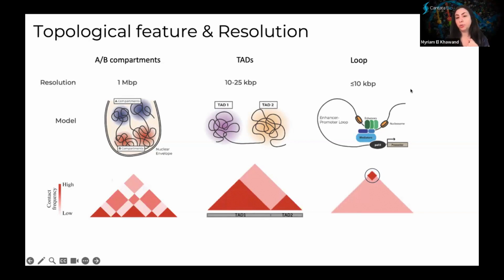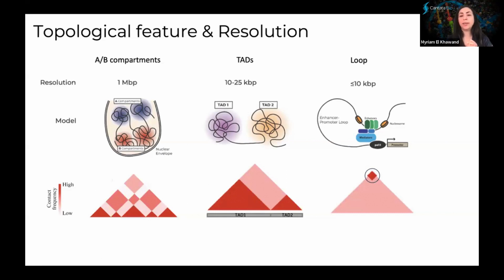For a higher resolution, you're now able to start to study and call loops. And again, the loops are this folding of the chromatin that is bringing a regulatory element in proximity to a promoter. For loops, a standard resolution would be 5 to 10 kb, but some researchers actually call loops and resolve the genome at higher resolutions.